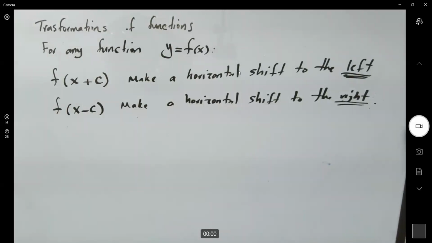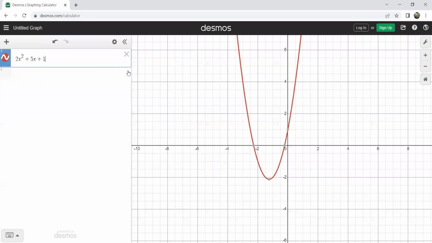Let us take a look at the graph. So what I'm going to do, I'm going to make some adjustments. So this is y equals 2x squared plus 5x plus 1. This is my original function, right? Now I'm going to add 1 to my y. Y plus 1 equals, we're just going to copy down this guy here.